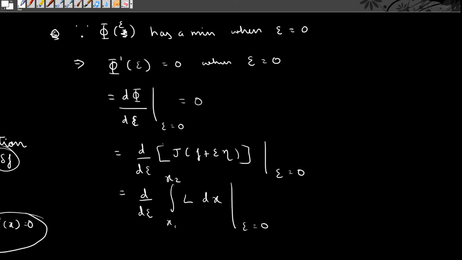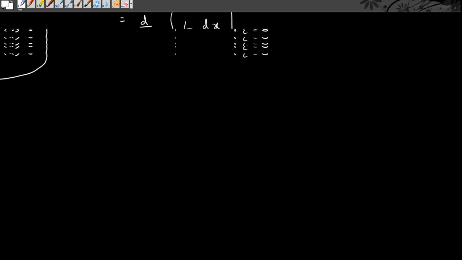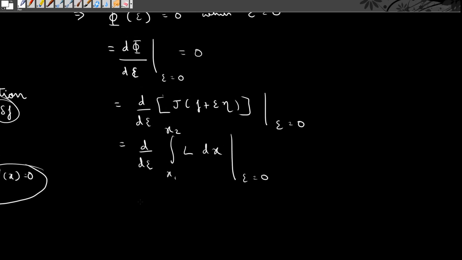So this becomes equal to the integral from x1 to x2 of dL by d epsilon dx at epsilon equal to 0.